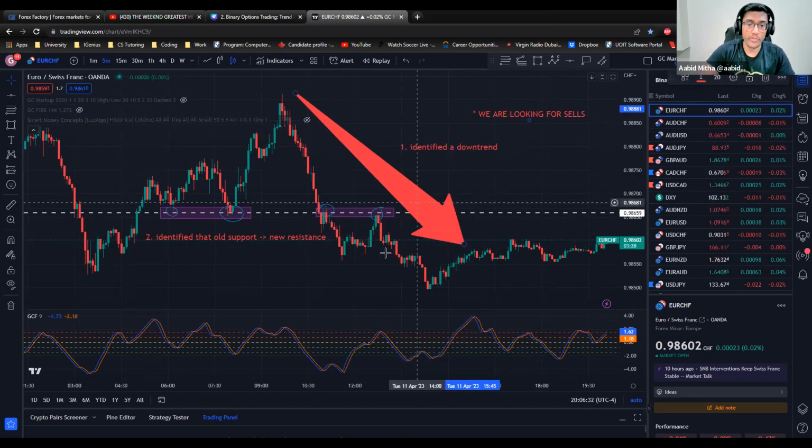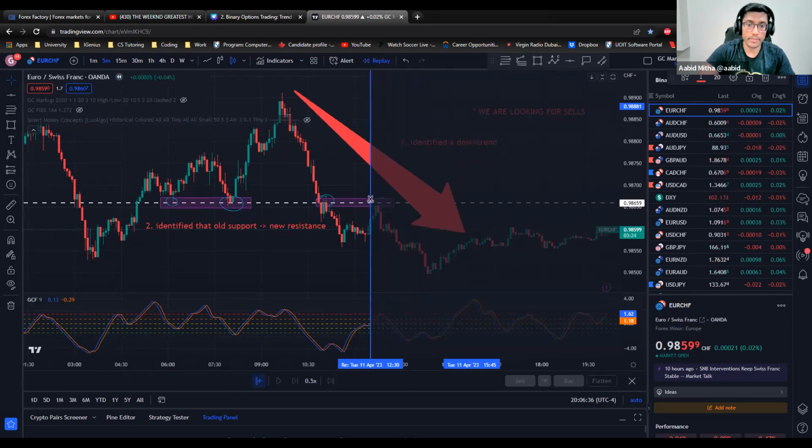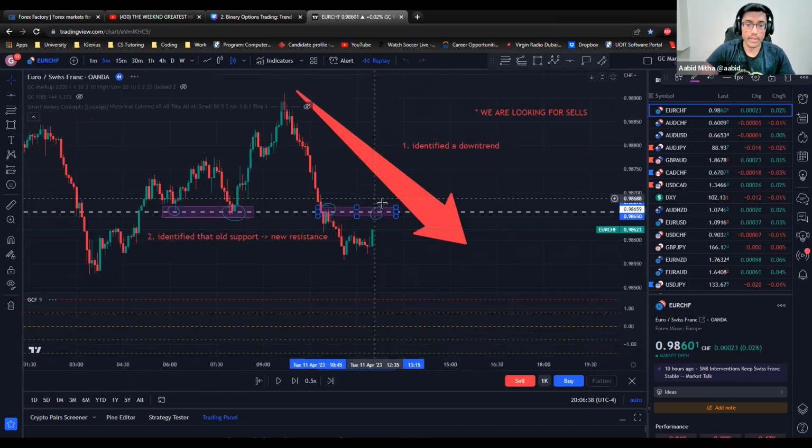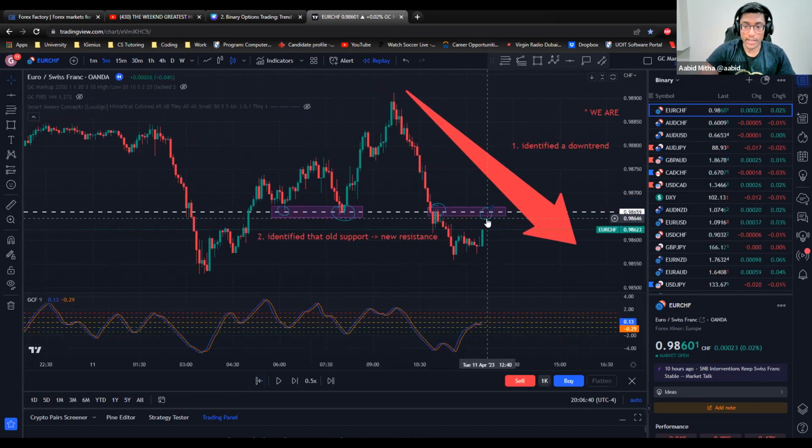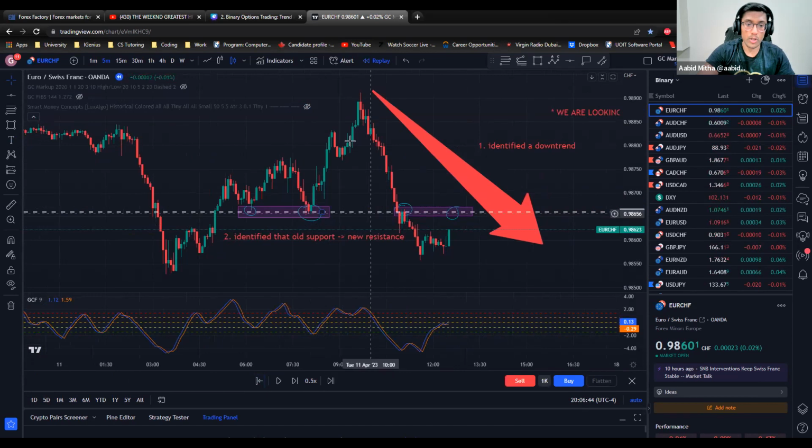Right, so now let's say, for example, we took this back in time and we said that, hey, at 12:30 p.m., I'm looking at this chart. I've identified, first of all, a downtrend. Secondly, I've identified that my old support has actually tested my new resistance once.